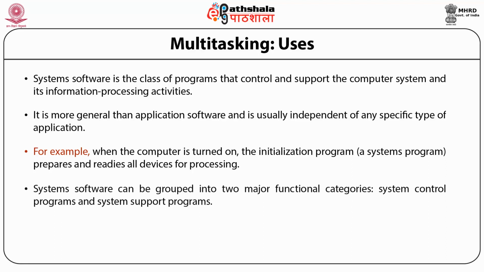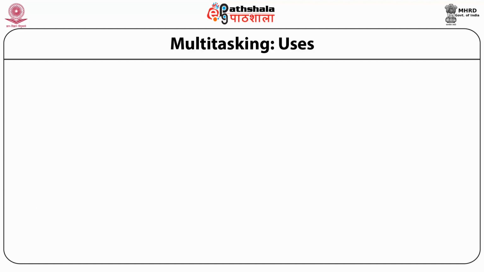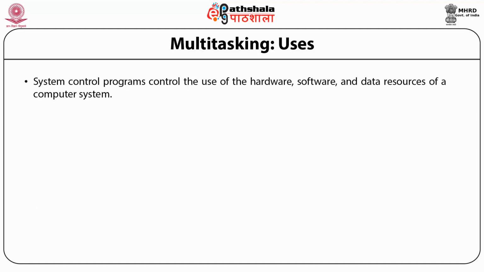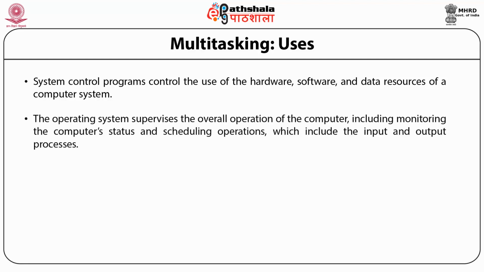System software can be grouped into two major categories: system control programs and system support programs. System control programs control the use of hardware, software, and data resources of a computer system. The main system control program is the operating system. The operating system supervises the overall operation of the computer, including monitoring the computer's status and scheduled operations, which includes the input-output processes.